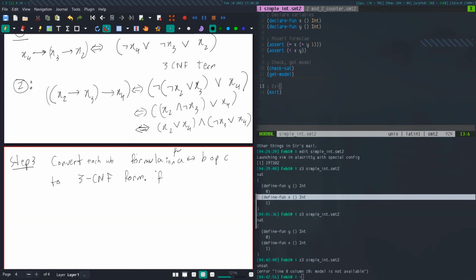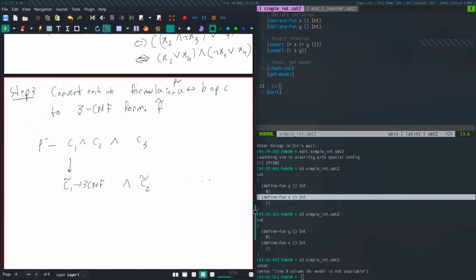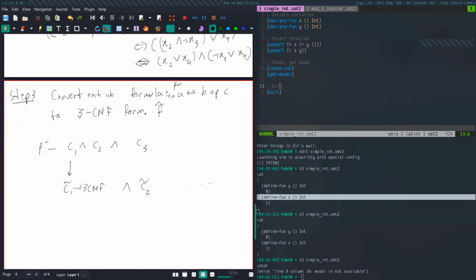This gives us our final representation f tilde. We are done because this f prime was going to be c1 and c2 and c3, and we have converted these to c1 tilde, which is in 3CNF, and c2 tilde again in 3CNF, and so on. So we finally have a conjunction of 3CNF formulas, which is by definition just a 3CNF formula. So this is the Tseitin transformation.